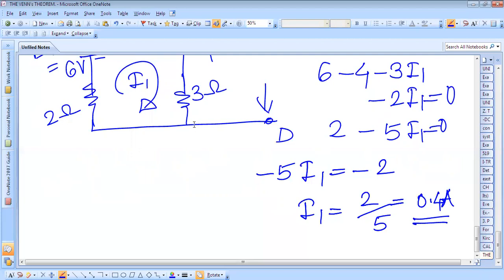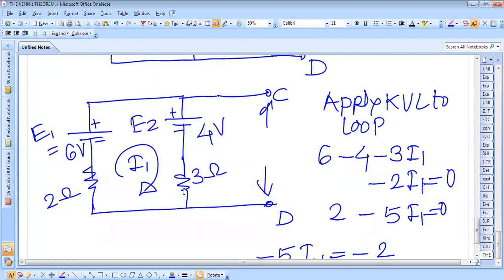Now we have got the current flowing through this. What is the potential difference across this terminal?